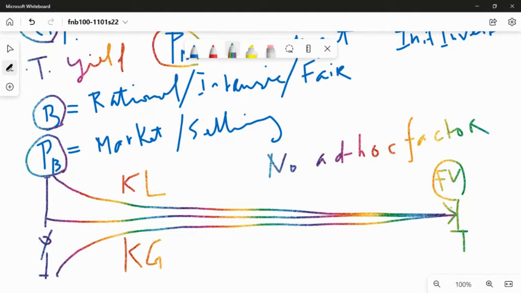In case of bond, everything is routine. Cash flow is basically by routine schedule, so no ad hoc factor. Therefore the difference cannot be that much. The difference is very minor. They are pretty much close, but still there can be a difference.